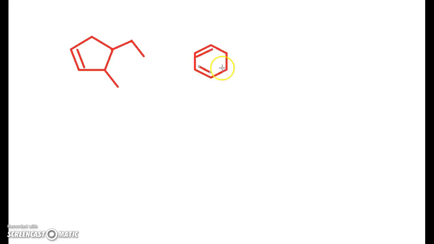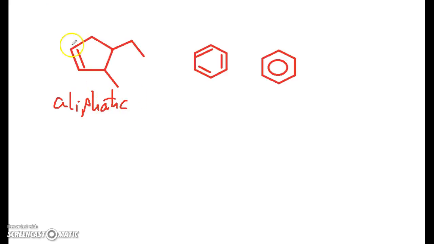Remember, for a benzene ring it has to have the 3 double bonds delocalized across the benzene ring, either drawn like that or drawn like this. So this is an aliphatic hydrocarbon, and in fact it's an alkene because it's got this carbon-carbon double bond.